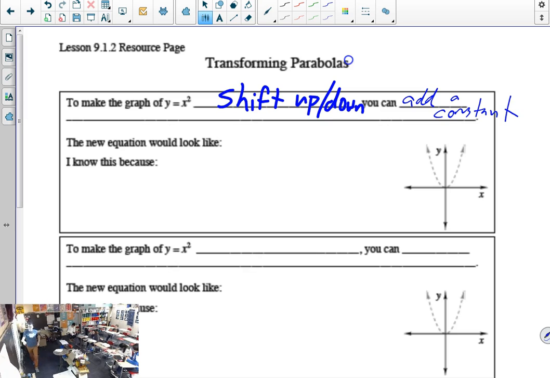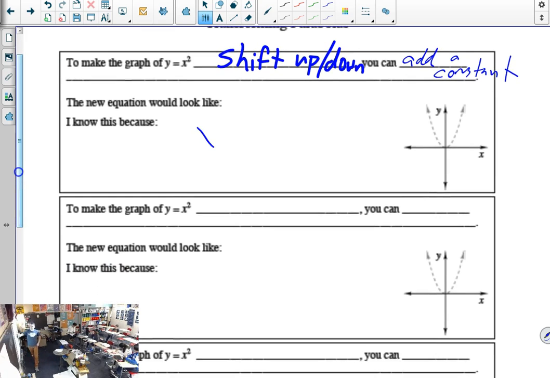This new equation would look like x squared plus k. Could you do plus or minus? You can, but then we wouldn't be able to talk about k's value as a positive or a negative. If we just say plus k, then you know when k is negative, it shifts down.